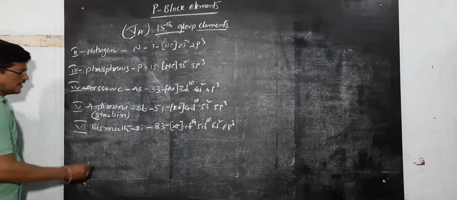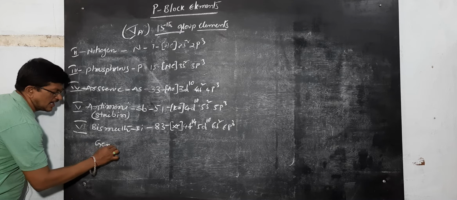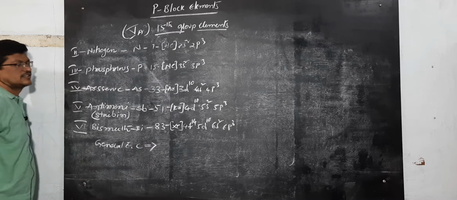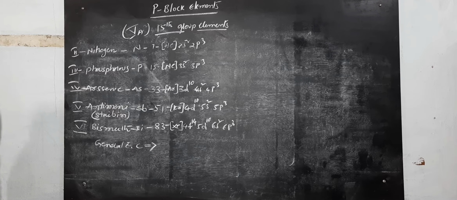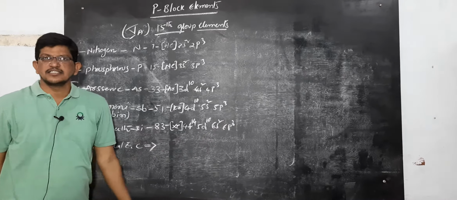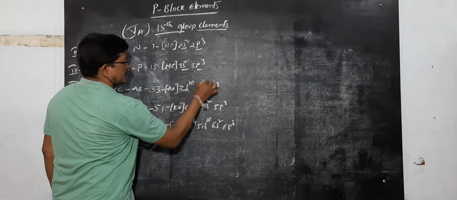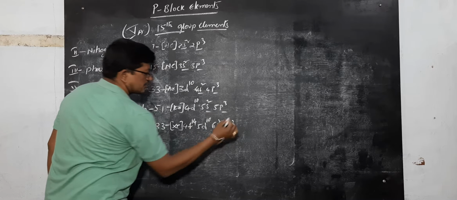So when compared to the general electronic configuration, look at the outermost orbit: 2s2 2p3, 3s2 3p3, 4s2 4p3, 5s 5p, 6s and 6p. That means the common part we are observing here is s2p3, s2p3, s2p3, s2p3.